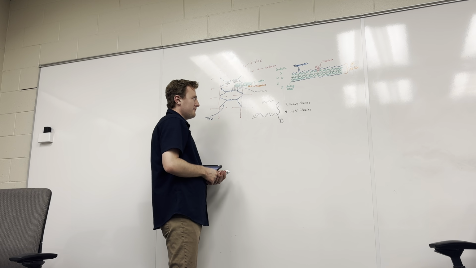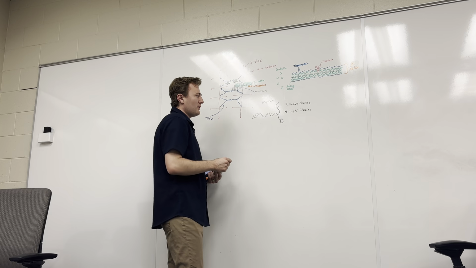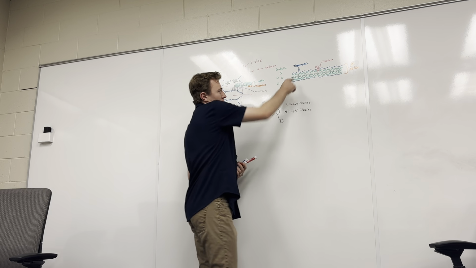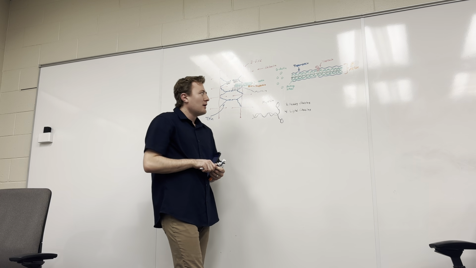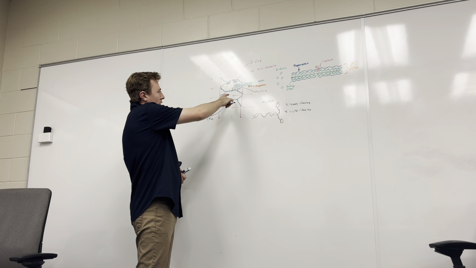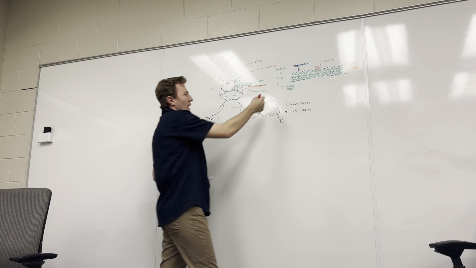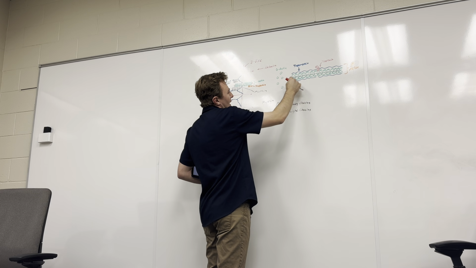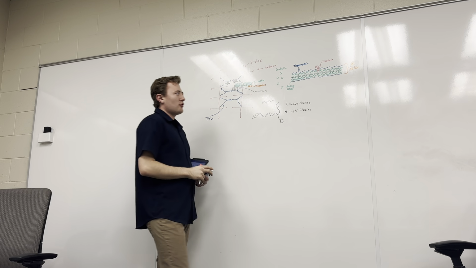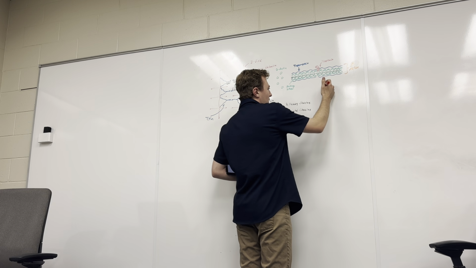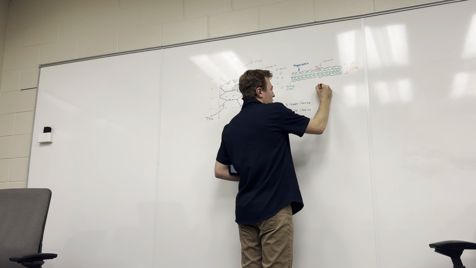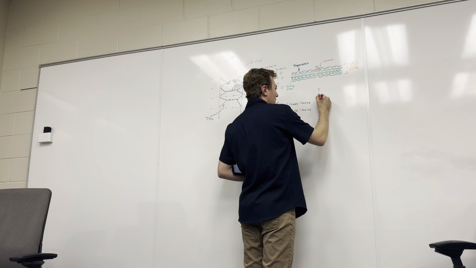And so the role of troponin is, tropomyosin is blocking our G-actin here. We can't get our myosin to bind to these binding sites on G-actin unless our troponin is out of the way. And so troponin has 3 subunits: an I subunit, a T subunit, and a C subunit.